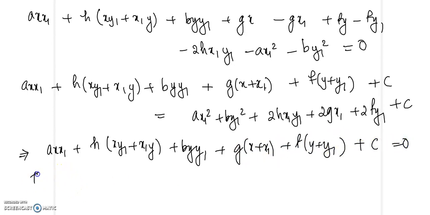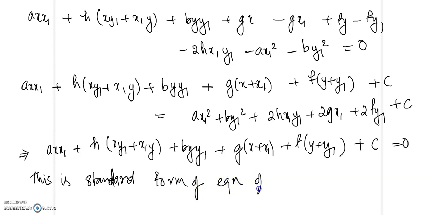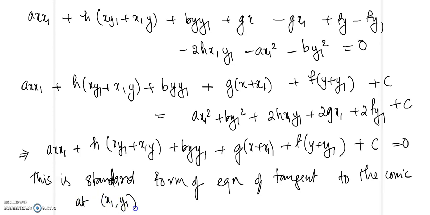So this is the standard form of the equation of the tangent to the conic at the point x1 y1.